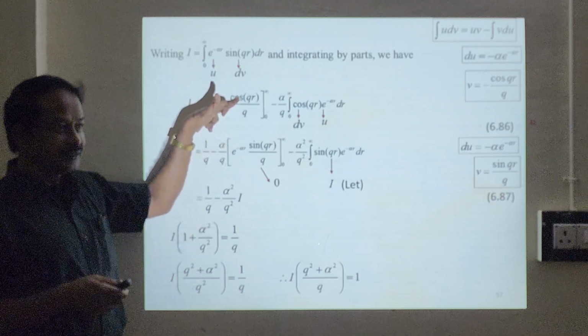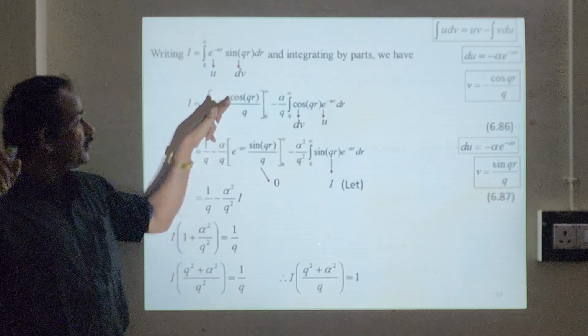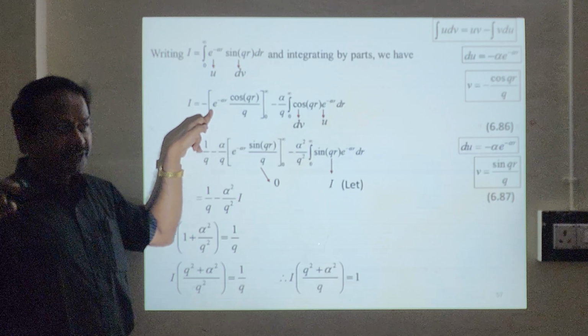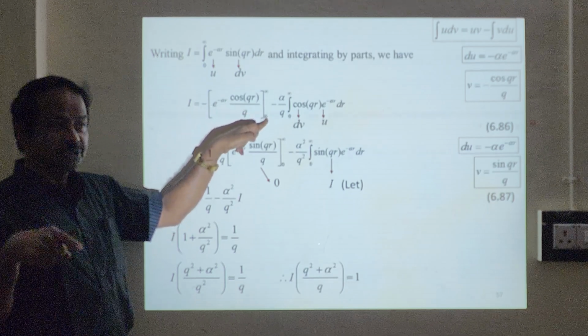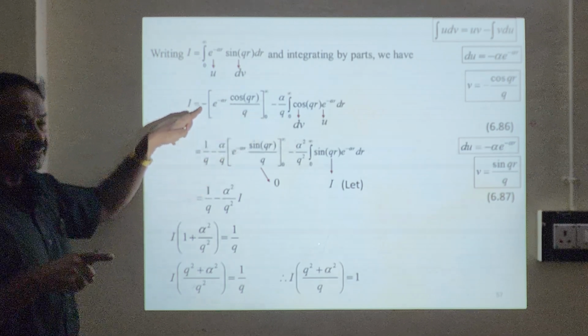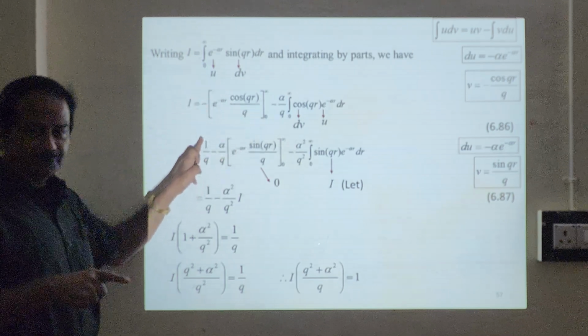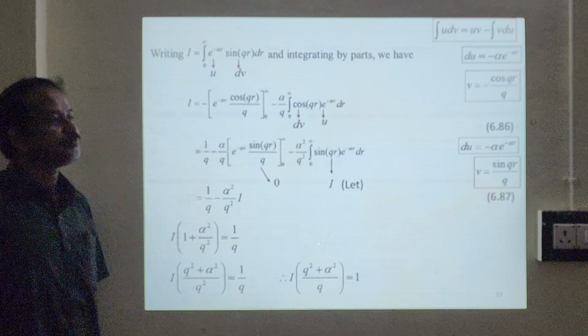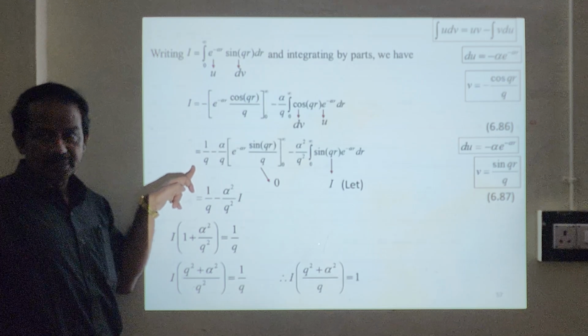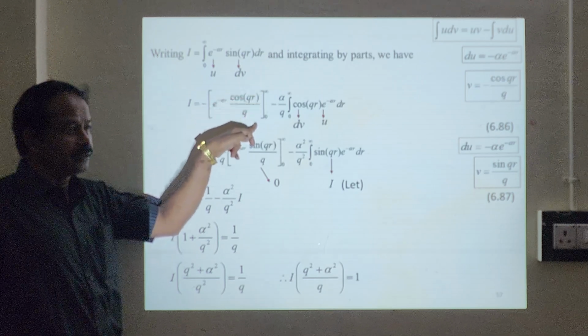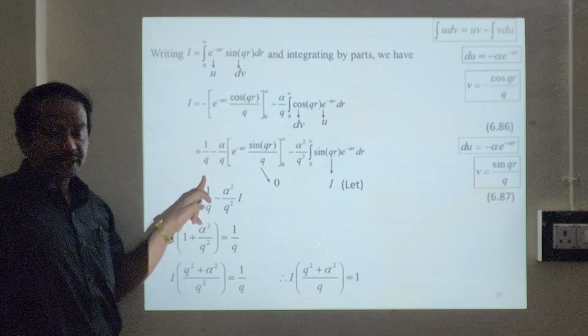Cos 0 is 1. e power minus 0 is 1 by e power 0, that also will be 1. When you substitute the lower limit, a minus will be there. So minus minus is plus, so 1 divided by Q. Is it okay? Any doubt? So this term is 1 by Q. We have substituted the upper and lower limits and obtained 1 by Q.